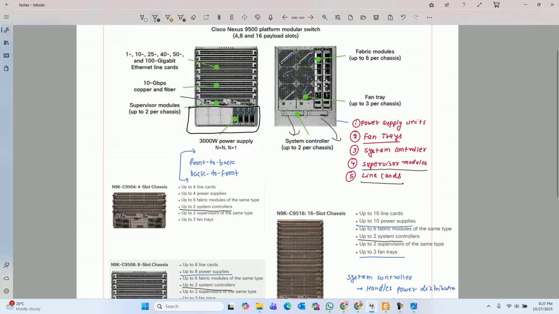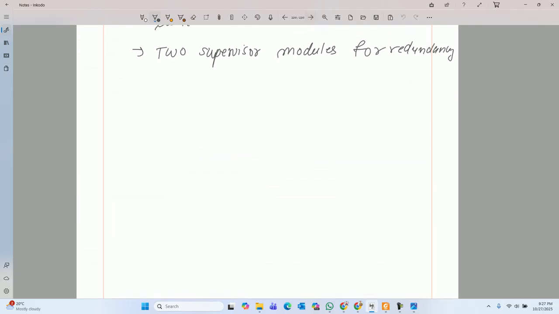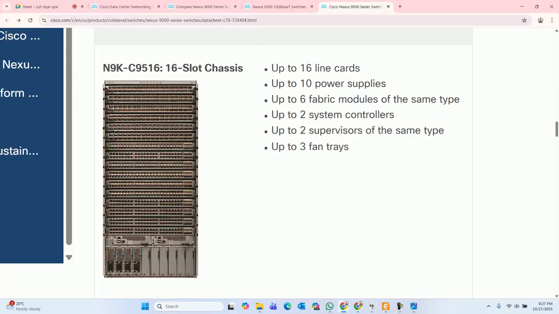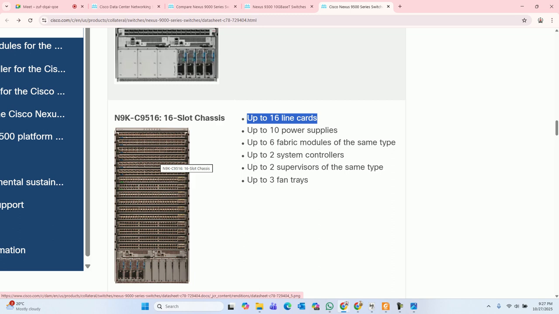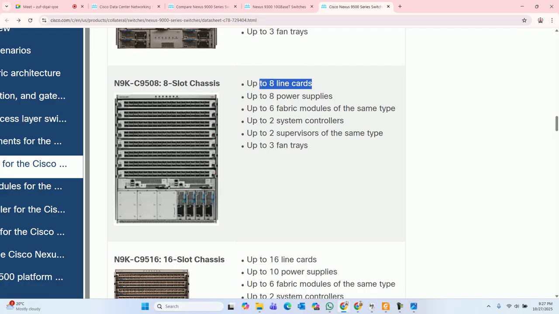After this we have the line cards, which are installed inside this chassis. If you talk about the 9516, it has 16 line cards. If you count them, there will be 16 line cards. In the 9508, you have 8 line cards. That's why we got this name, 9508.